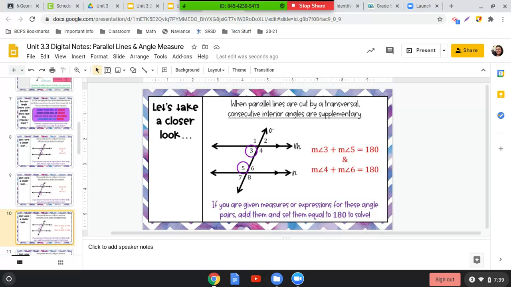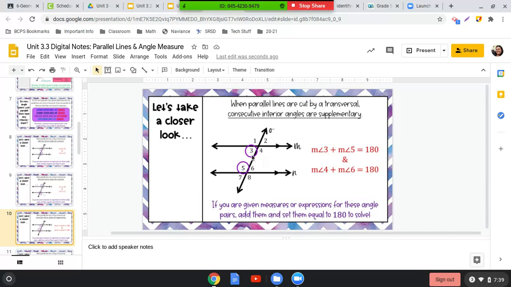All right, this is the only tricky one that we're going to talk about that's not congruent. It is the consecutive interior angles, and they are supplementary, and their sum equals 180 degrees. So let's find our consecutive interior angles.